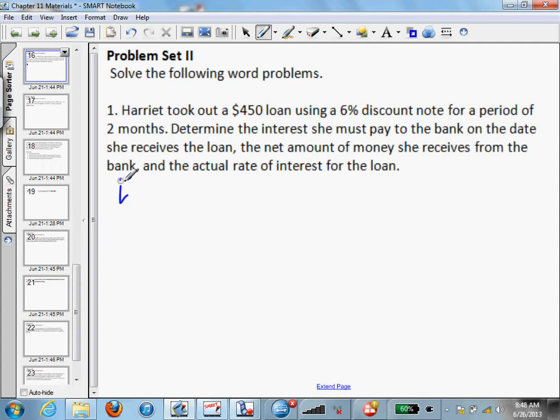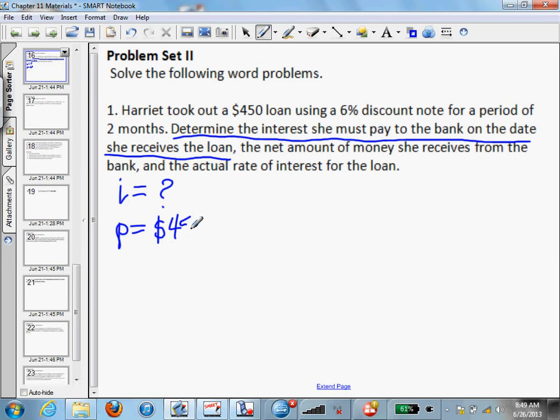Let's first just start off by listing our variables, which is the interest. We do not know that. That's what we're asked to find in the first part: determine the interest she must pay to the bank on the date she receives the loan. But we know the principal, the amount she wanted to borrow, which was $450.